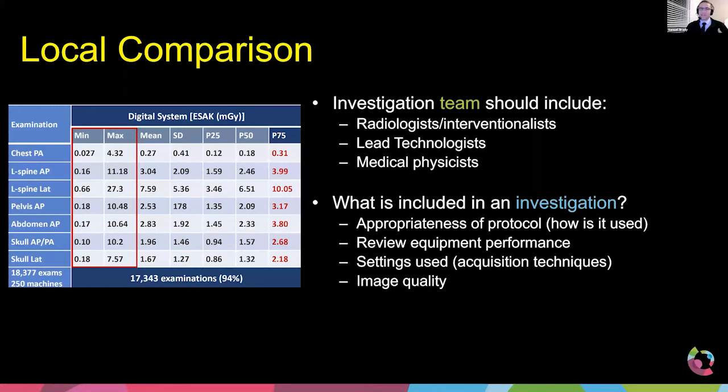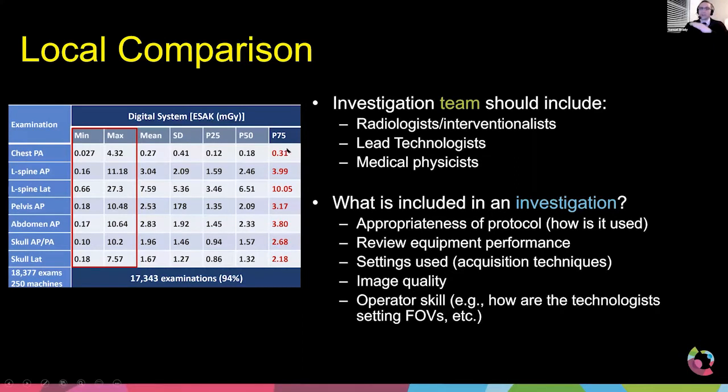In this case, where the doses are so high, I would actually think the image quality is probably not that good. You're probably burning out the lung field. You're probably clipping some of the anatomy. And so you're probably losing some detail. Extremely high doses in digital imaging is actually not good. So looking at the image quality will help you understand what you need to do to adjust the dose.